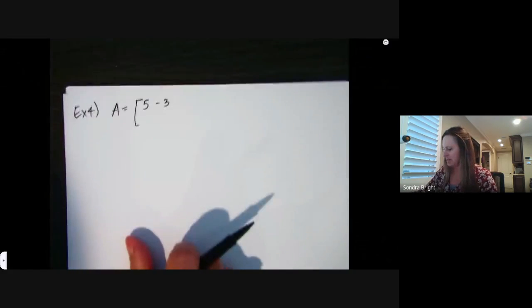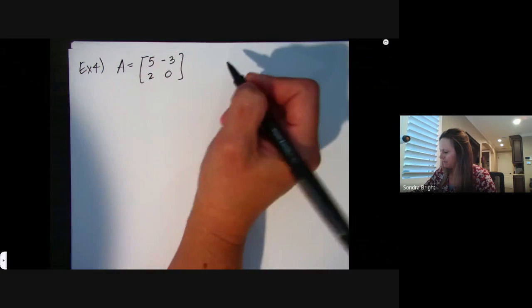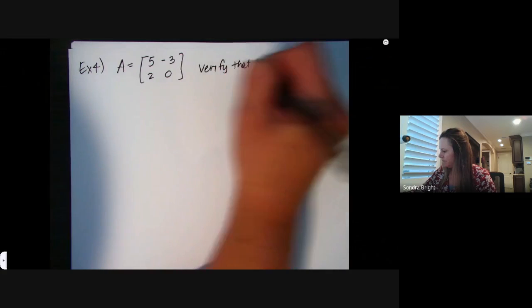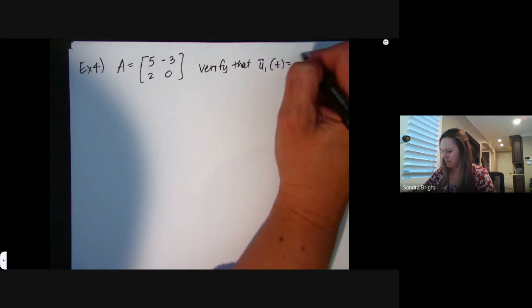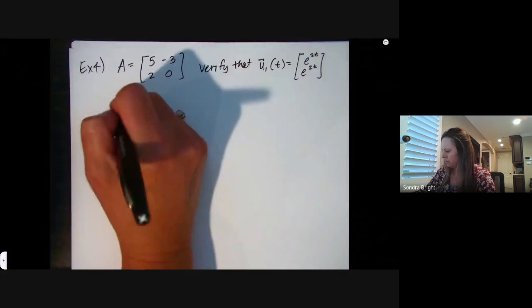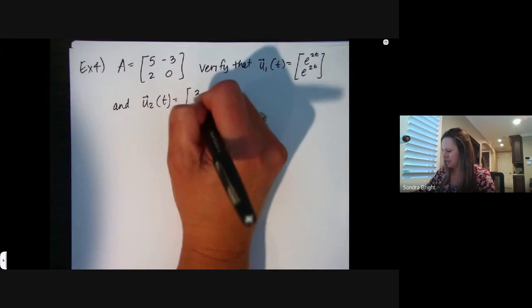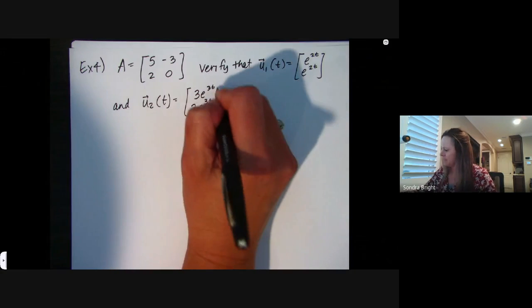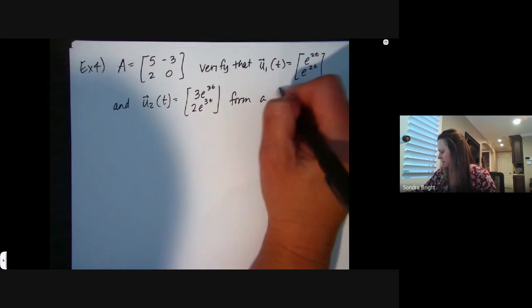We're going to verify that U1 equal to e to the 2t, e to the 2t, and U2, which is 3e to the 3t and 2e to the 3t, form a fundamental set of solutions.